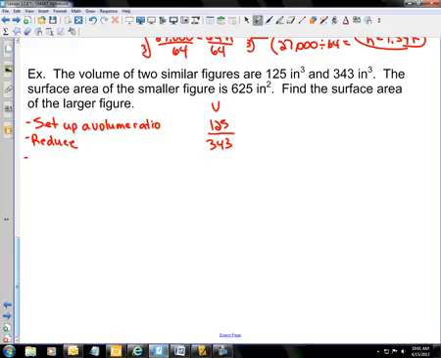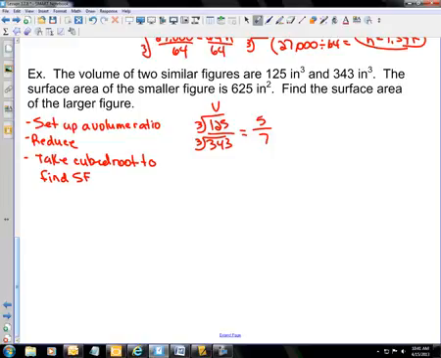Then you take the cube root to find the scale factor. So I do the cube root of both of those. The cube root of 125 is 5. The cube root of 343 is 7.